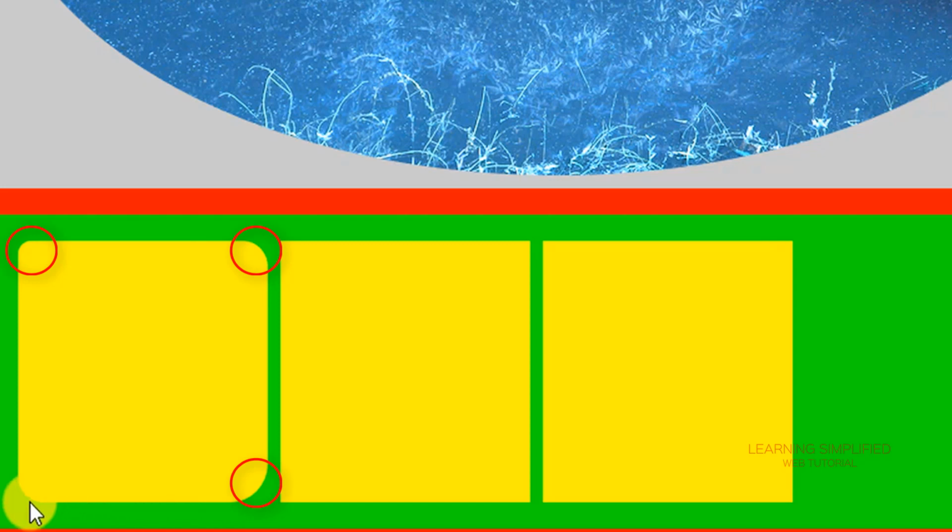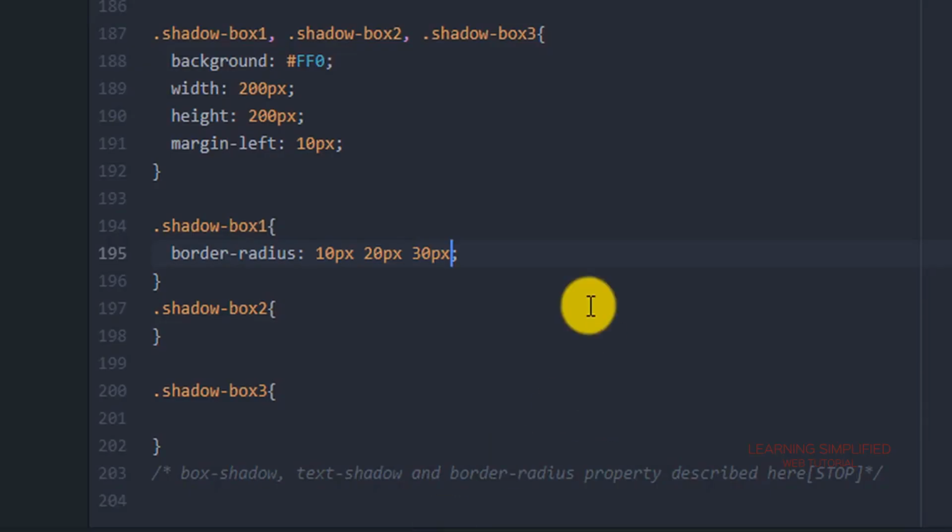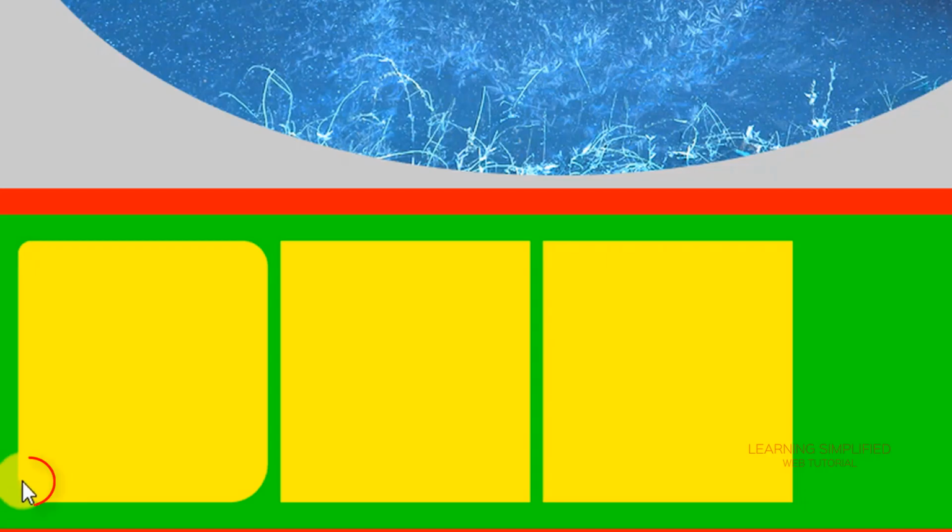But as we can see here, in this particular case, another rounded corner is appearing, which has been omitted over here. So we can say that this second value is applied to the top right corner. The third value is applied to the bottom right corner. But this fourth parameter, when omitted, takes the same value which is applied to the top right corner.